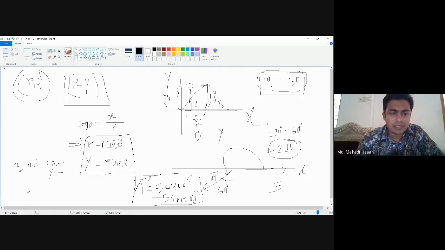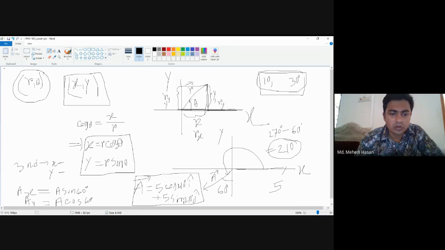So that's why you can say the x component of this vector, Ax, is equal to A sin 60 degrees, and Ay is equal to A cos 60 degrees.